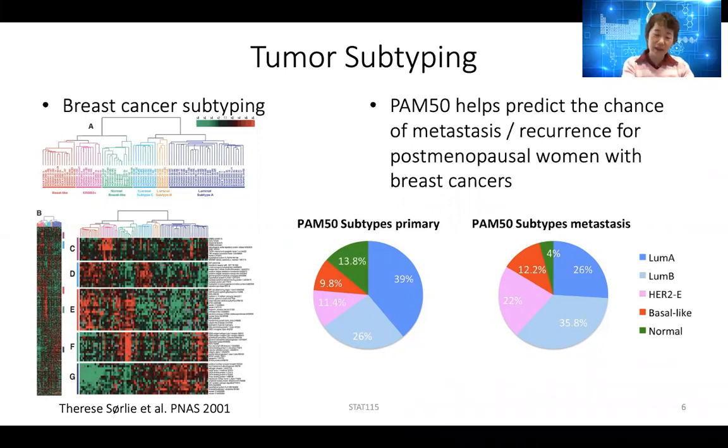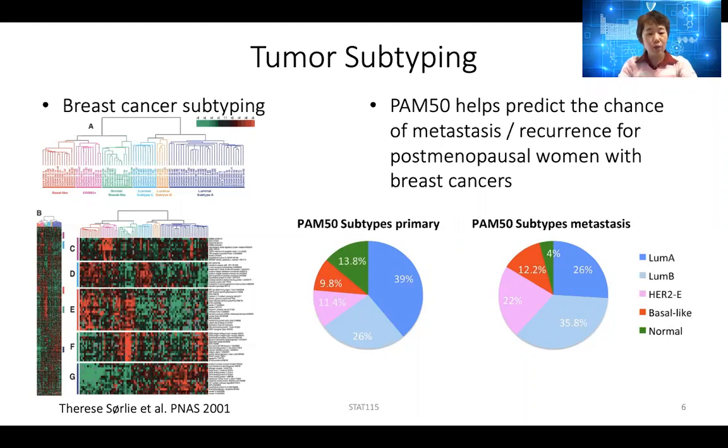Not as good as the ER positive tumors, but still much better than without the Herceptin drug. And then there's another type, which people knew in the early days, called triple negative. They are estrogen receptor negative, progesterone receptor negative, and HER2 negative. These triple negative breast cancers usually have much worse survival.